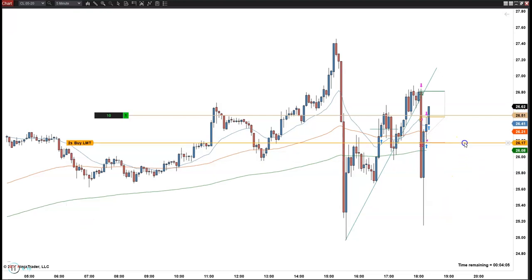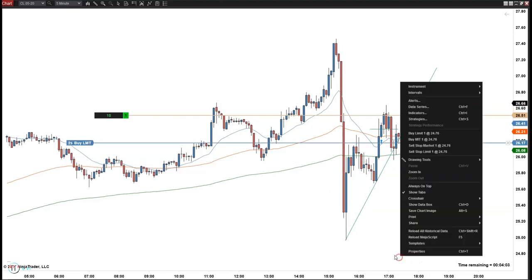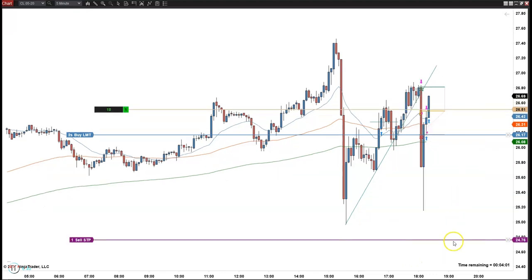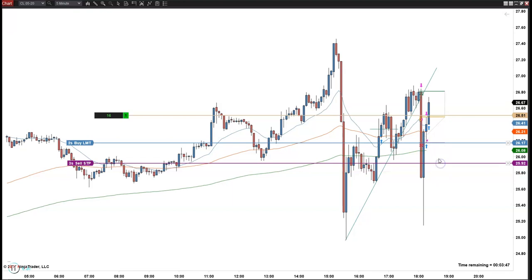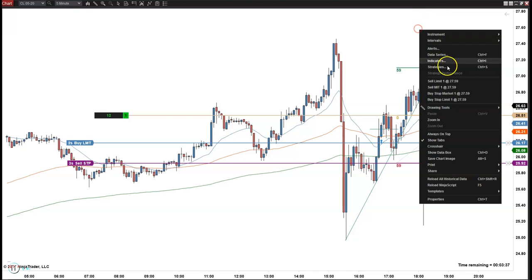Price drops here, I'll buy 2 more, and the stop for them will be here. Stop will be for 3 contracts. I don't want to see this low broken again, so moving my stop here makes sense. So 1 to 1 for now, in case the price just goes 1 to 1, we'll be targeting a new high.